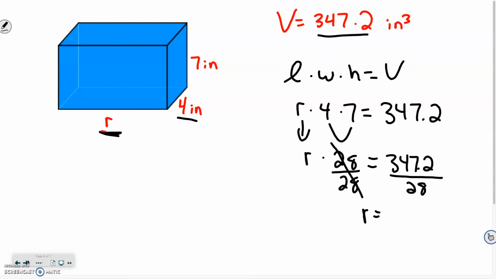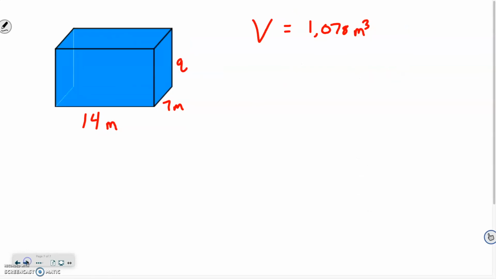Type it in the old calculator here. I'm doing that right now. And I get 12.4, 12 4/10 inches is what R equals. Okay? Hopefully this crash course in algebra is making sense.